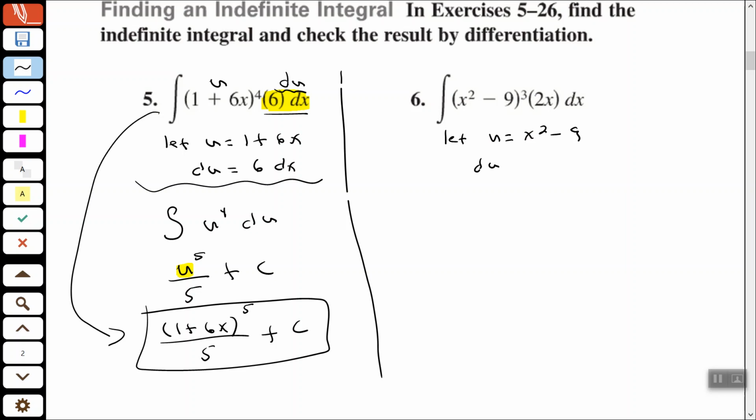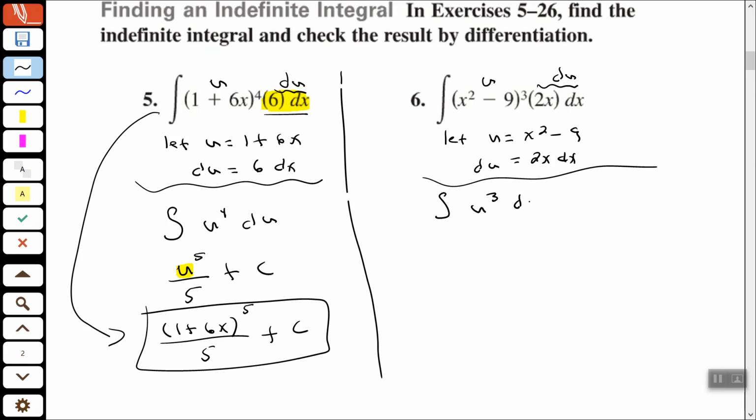Then the derivative of u is equal to 2x dx. So again, this part is u, and that part we found to be du. So I can rewrite this integration in terms of u: u to the third power du, just using substitution.